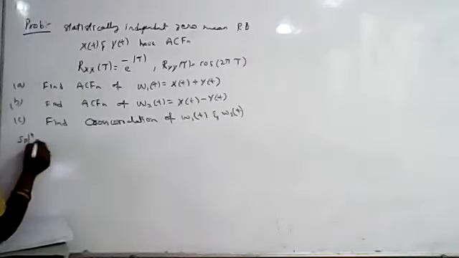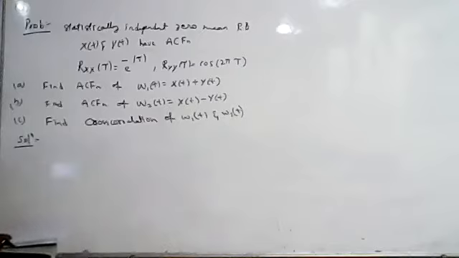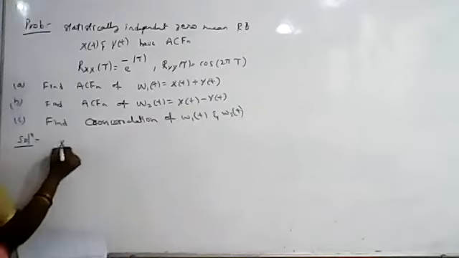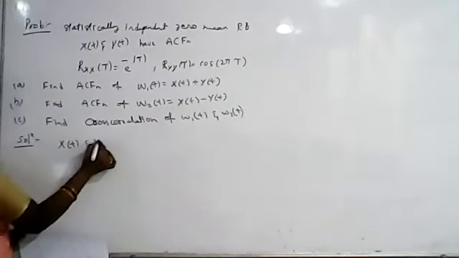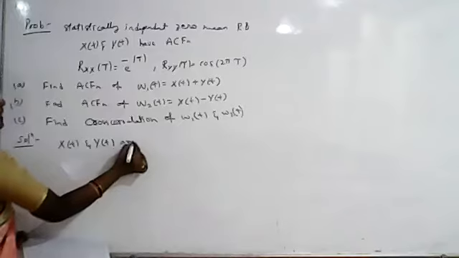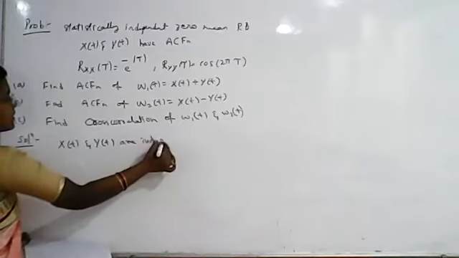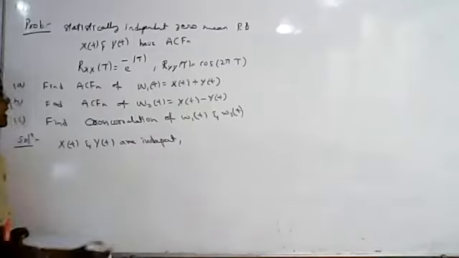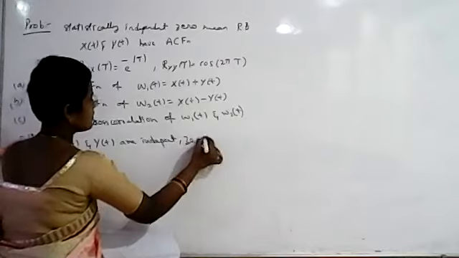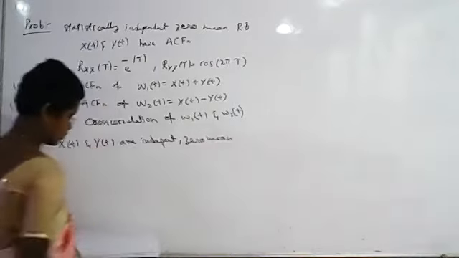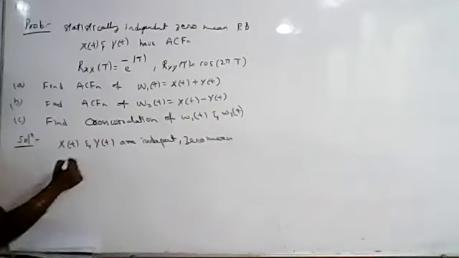So what is given? It is given that x of t and y of t are statistically independent. These are independent, and it is also given that they have zero mean, and the autocorrelation functions are given.